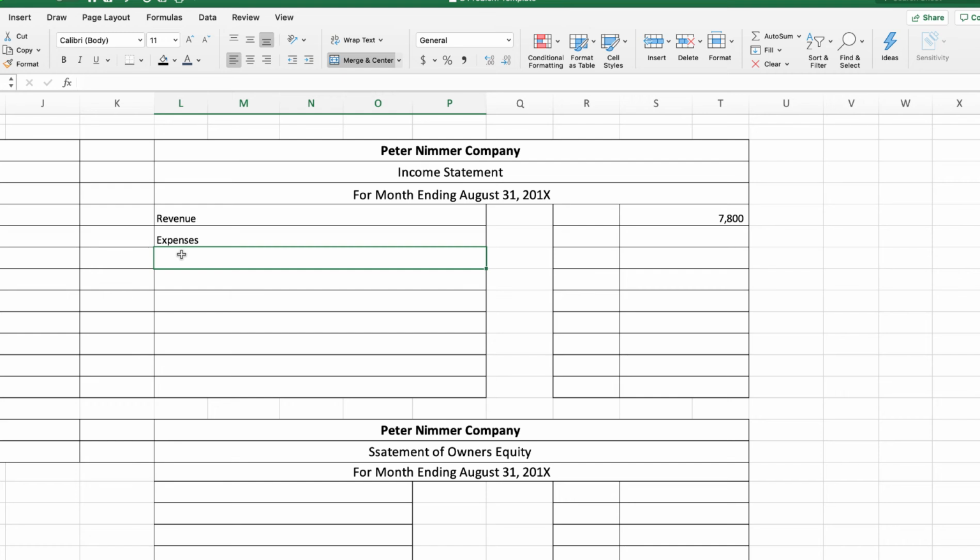The first expense I have from item 6 is salaries. I know my salaries expense is $1,700. I'm going to do the same thing with rent. Make sure you do a little indent, and I just click this button right here when you're in Excel.